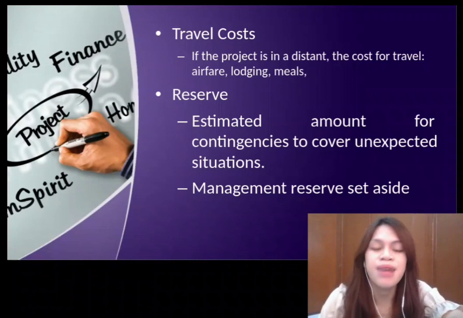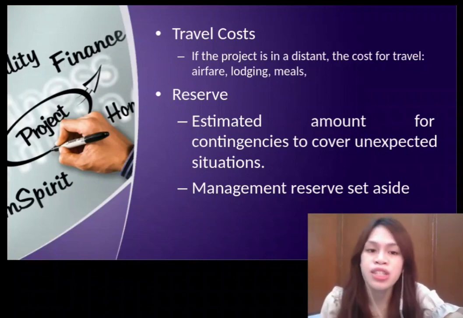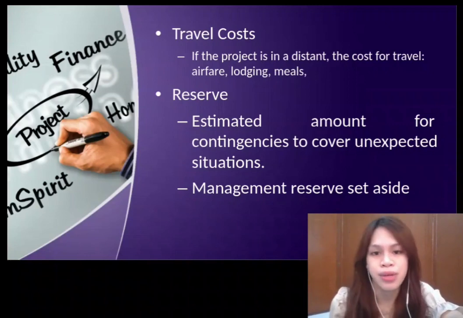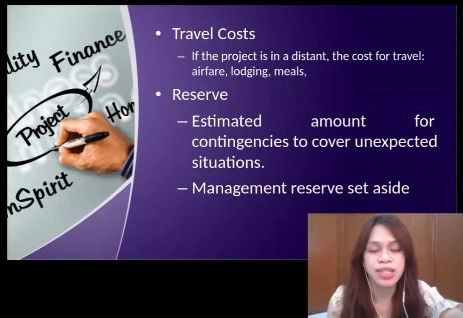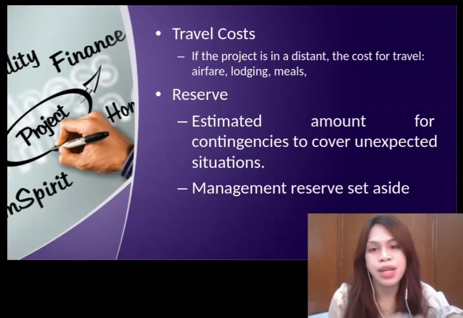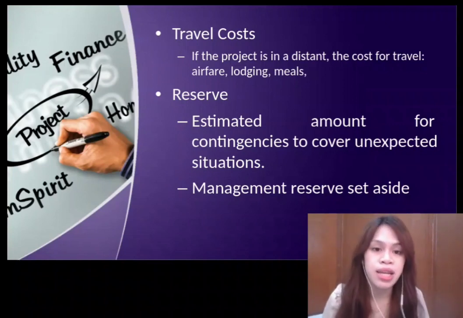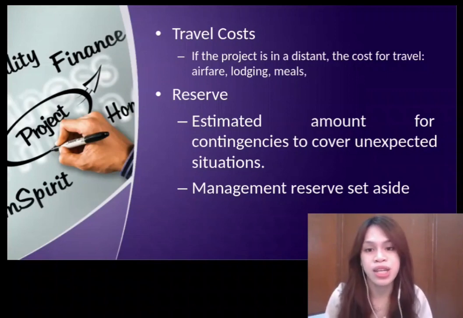This means the estimated amount for contingencies to cover unexpected situations. We know that in every project there is always a reserve cost, which means money that is set aside in the project budget to cover any unexpected events or situations that arise during the project's execution.